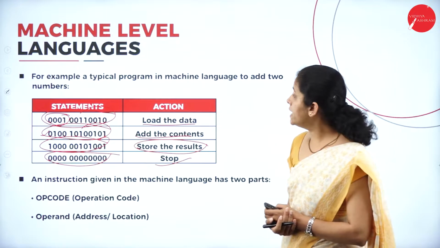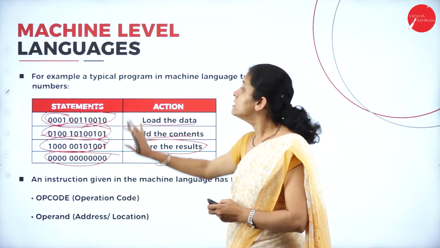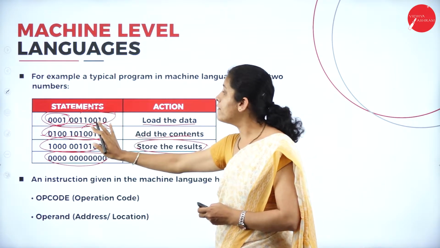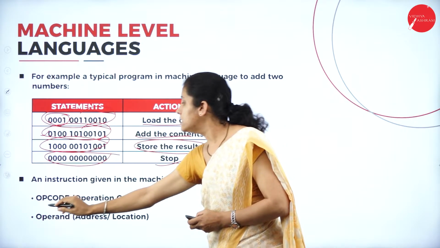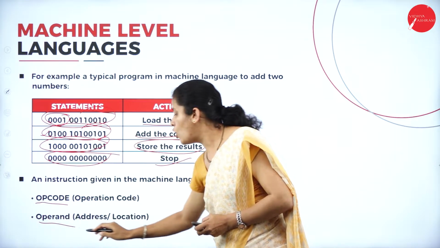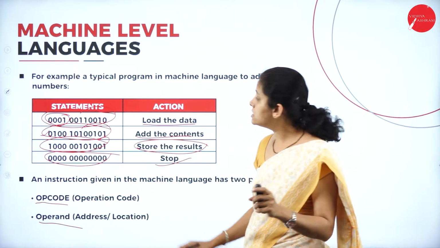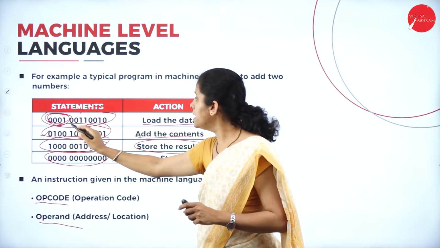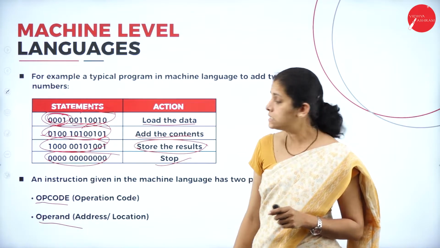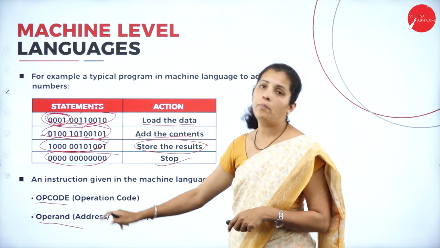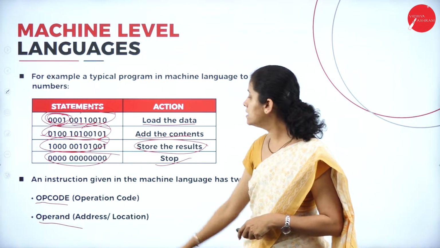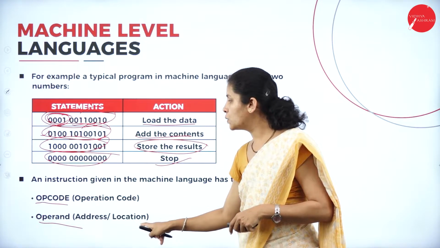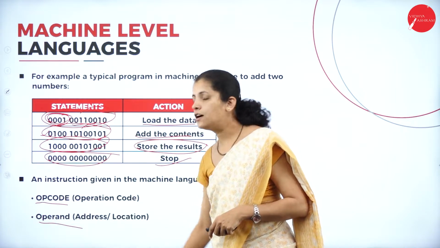So dear student, if I consider statements, I have two parts, that is opcode and operand. The first part is the opcode, and the remaining 8 bits are the operand, that is the address or location.